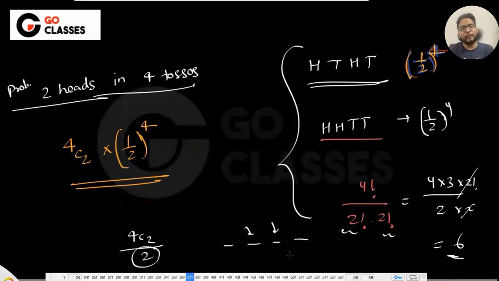If I just ask you to choose those 2 places, you will say let me choose in 4C2 ways. If I say that in those 2 places you are going to put head, you will say 4C2 ways only.